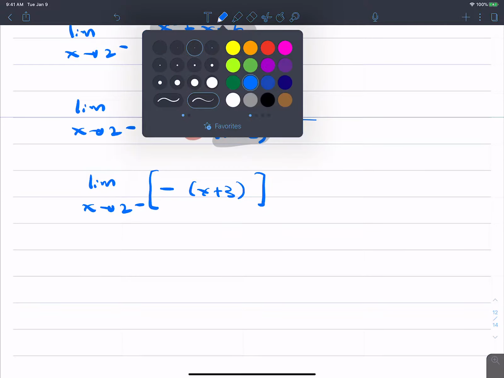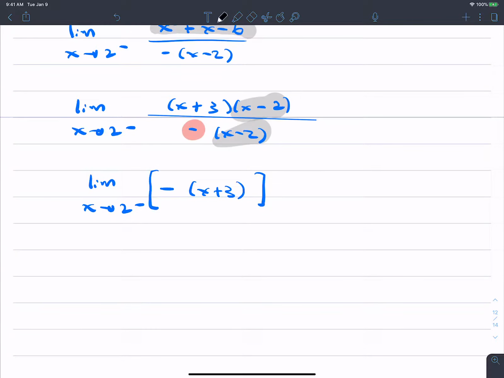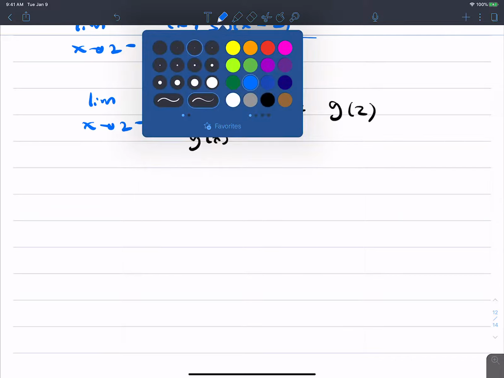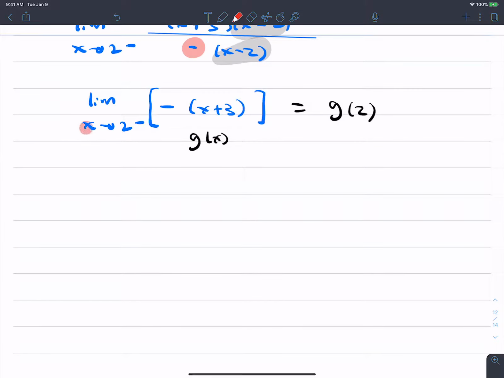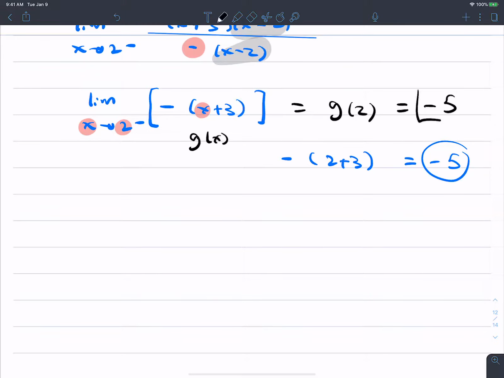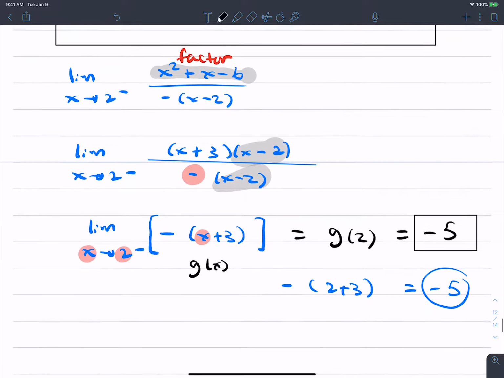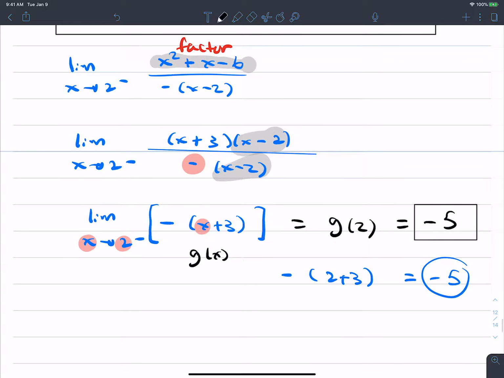So this is the g in the statement we gave earlier and the other day. And by direct sub, we need g of 2. And you end up with, replace x with a 2. So we get minus (2 plus 3), which is negative 5. So the left-handed limit will be negative 5. That's the left-handed limit.